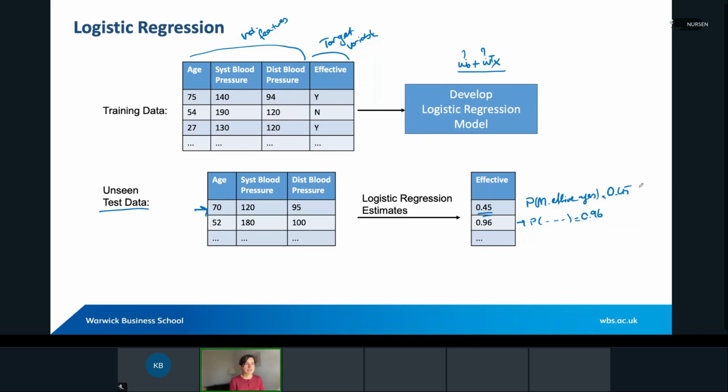And given these probabilities, whether the outcome is yes or no, here we have a categorical outcome, we are going to apply a simple rule. By default, the threshold is set to 0.5. This is the default threshold. If the probability is less than the default threshold, we are going to predict it as no. If the probability is greater than the default threshold, we are going to predict it as yes. But as I mentioned, as the user, you will have the flexibility to change this default threshold.